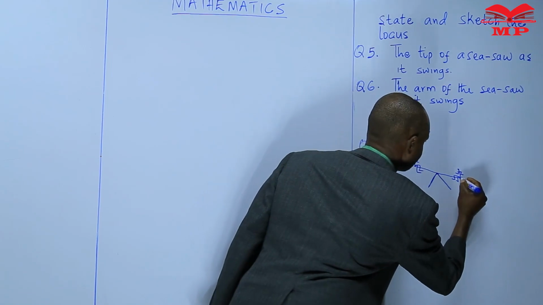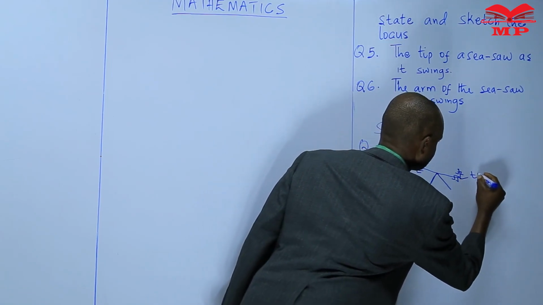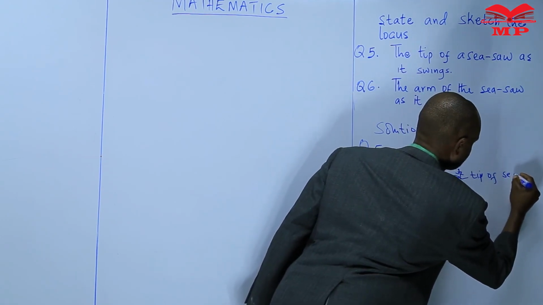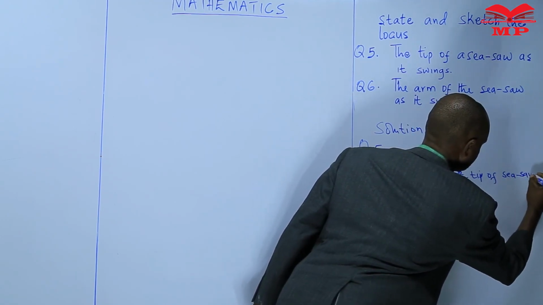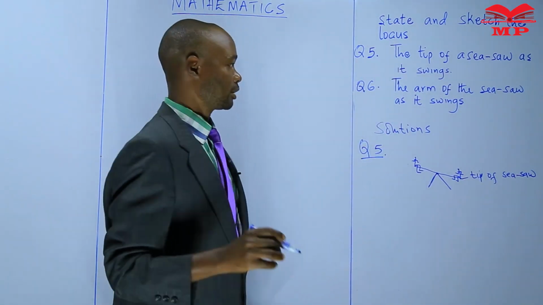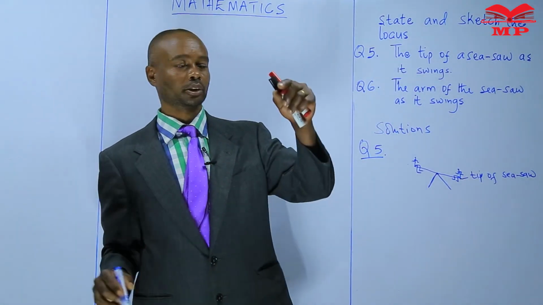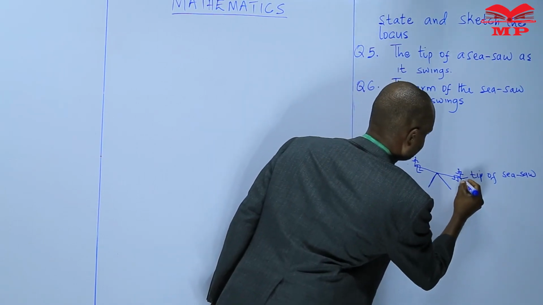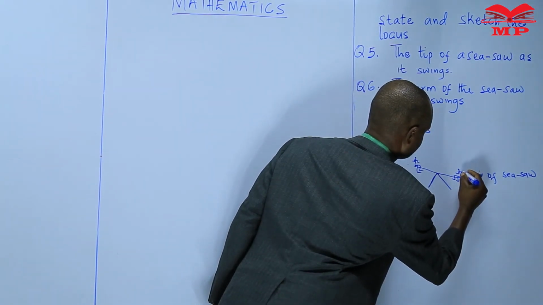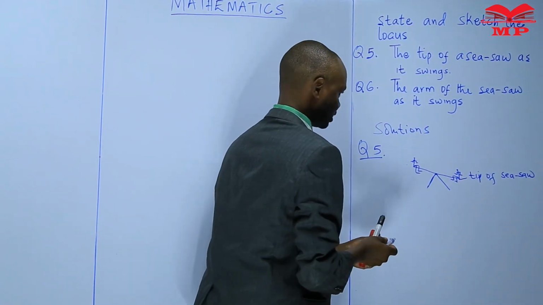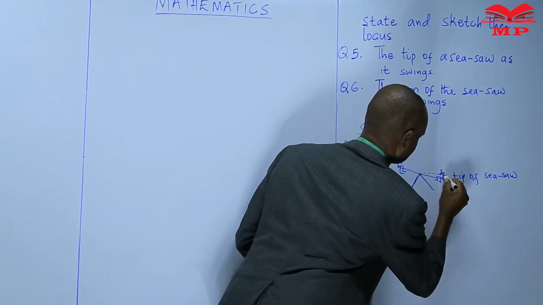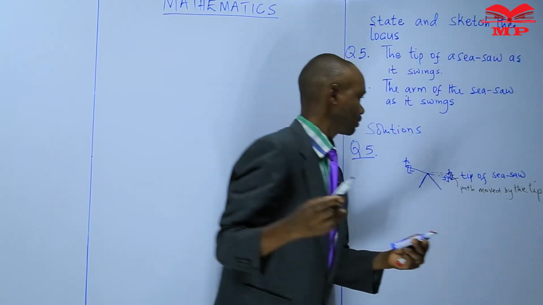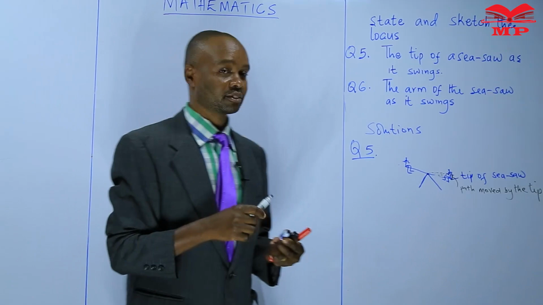So this is the tip. As the seesaw goes up and down, the tip will make a certain path. So after getting the diagram, there is a tip.